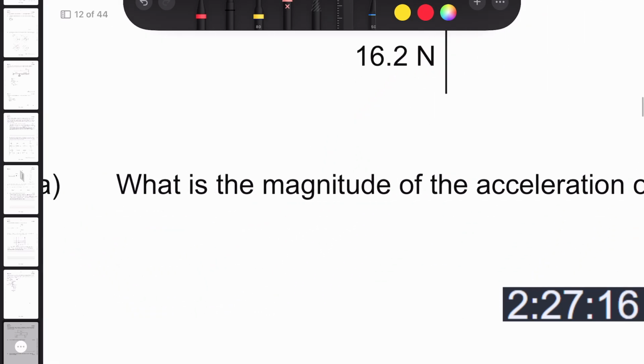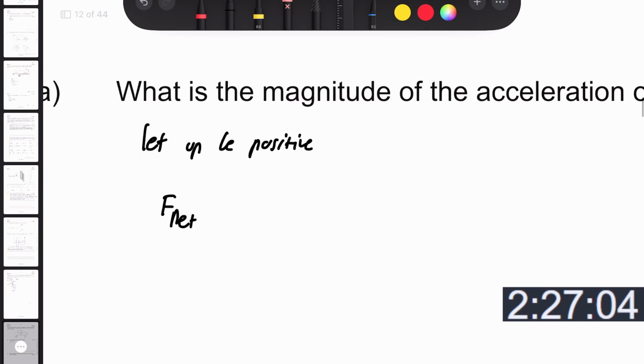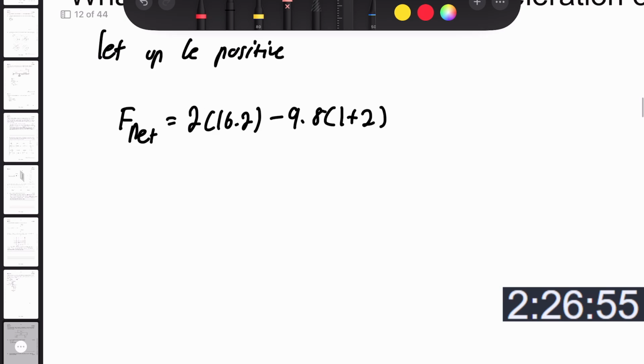So we'll say, let up be positive, and F net is going to be equal to 2 times 16.2 minus 9.8 times 1 plus 2, because that's the weight force of the box. So this is 16.2 minus 9.8 times 3.